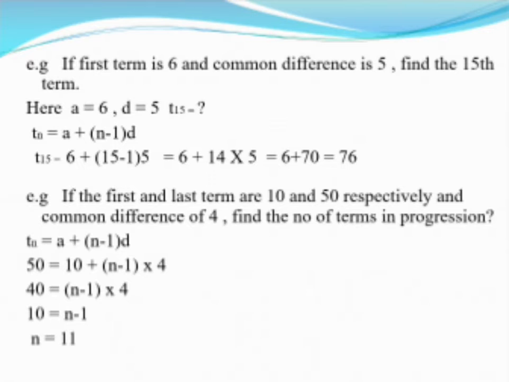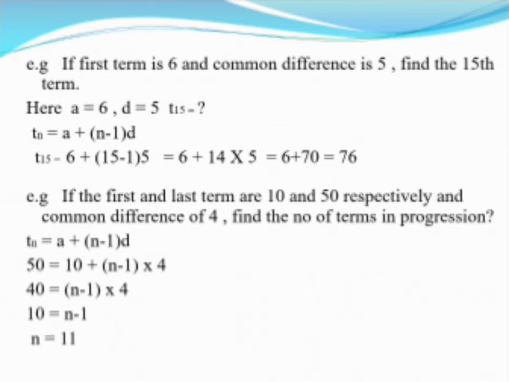Therefore, as per the formula, Tn is equal to a plus n minus 1 into d. Since we have to find the 15th term, T15 is equal to 6 plus 15 minus 1 into 5. Why 15 minus 1? Because the formula is n minus 1 into d.